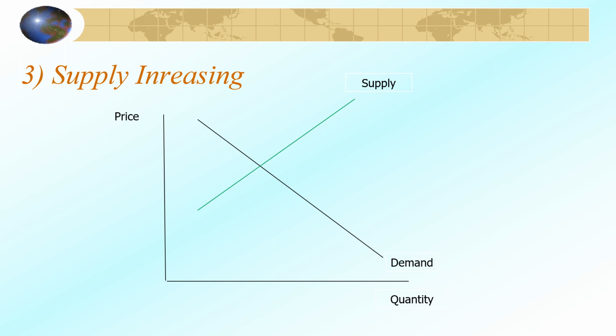So if pizza dough becomes more expensive, then there might become fewer pizzerias out there. Some pizzerias may just go out of business. Or if the price of alcohol goes up, there might be fewer bars.